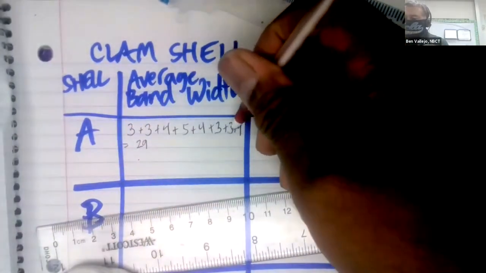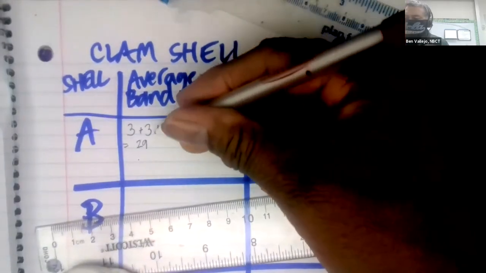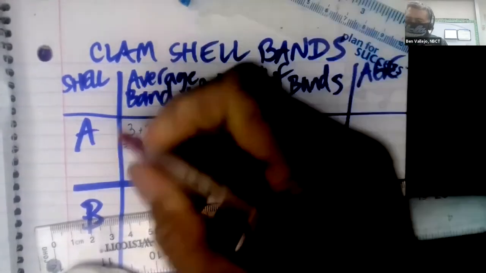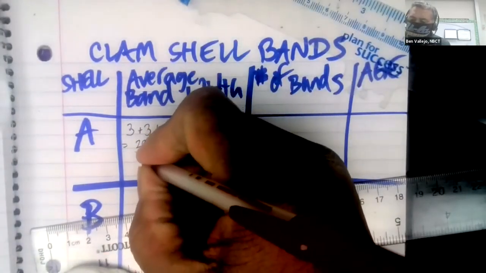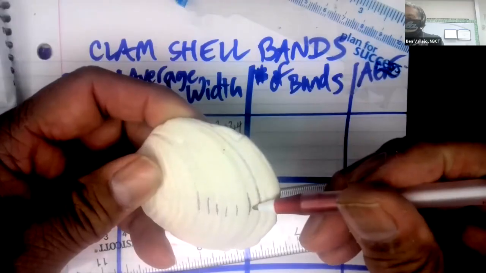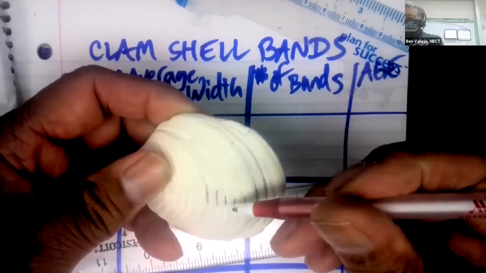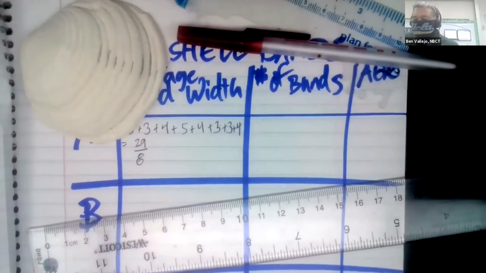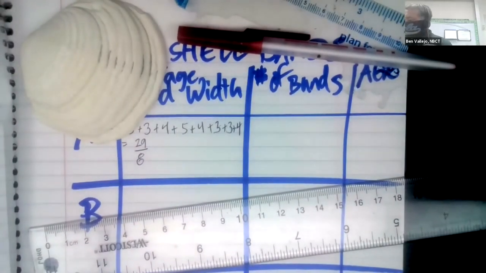Okay, and I have 1, 2, 3, 4, 5, 6. Wait, 1, 2, 3, 4, 5, 6, 7, 8. And I have 8 bands that we counted. Let's make sure. We have 1, 2, 3, 4, 5, 6, 7, 8 that I counted. So now I'm going to take the average.